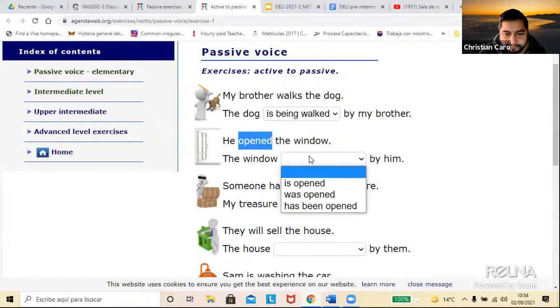So what do you say? The window is, was, has been opened. Any ideas? Fran Andrea, has been.